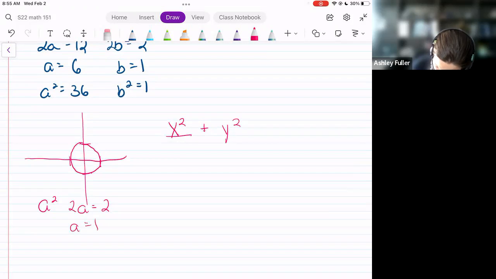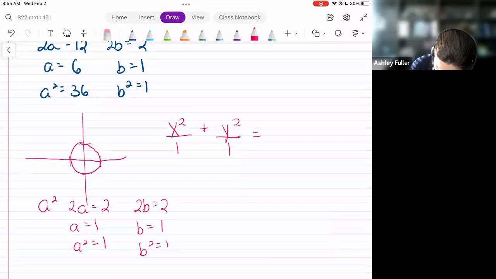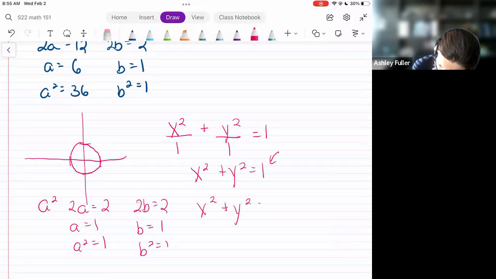So a is 1 and a squared is 1. Likewise, we've got 2b is 2, so b is 1, and b squared is also 1. But then if we multiply to get rid of those fractions, we just end up with x squared plus y squared equals 1. And in general, this is our x squared plus y squared equals the radius squared.